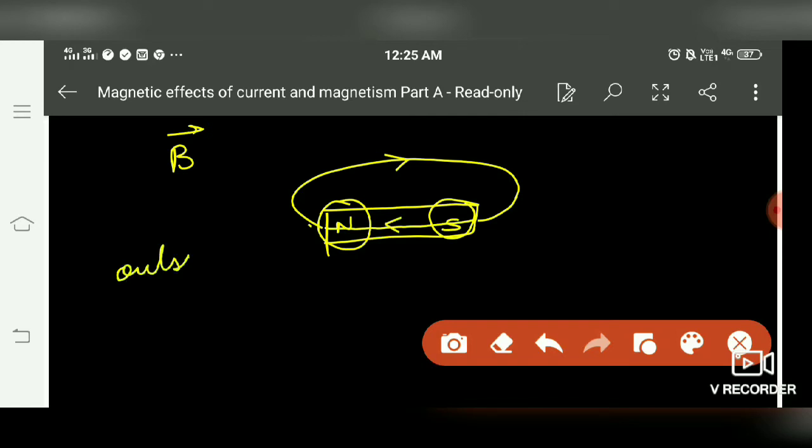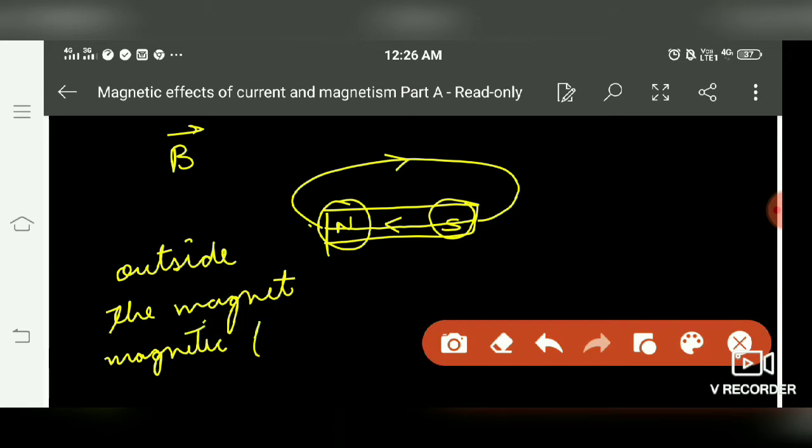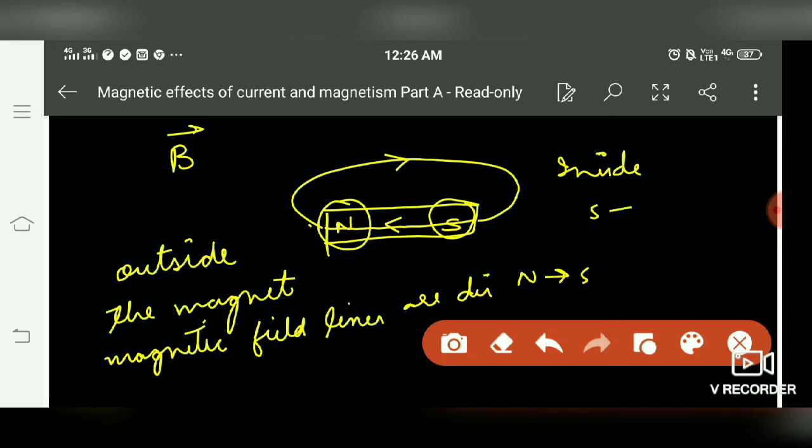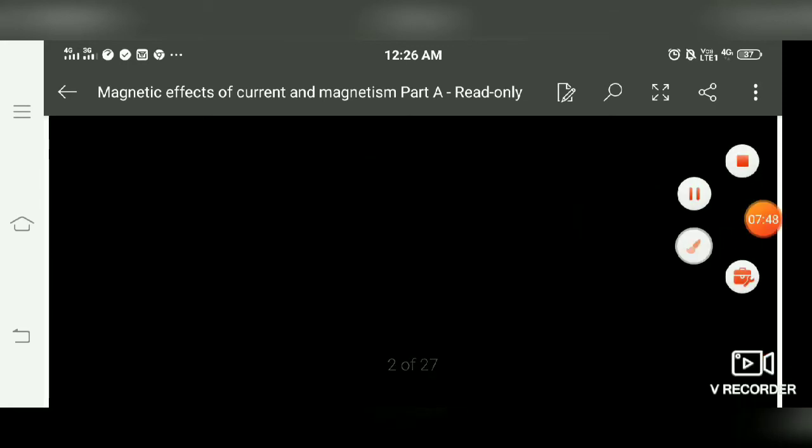Outside the magnet, the field lines are directed from north to south, but inside the magnet they are directed from south to north. So magnetic field lines are closed lines.